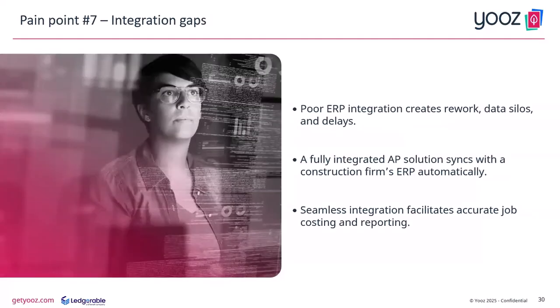And then let's talk about integration gaps. This is probably one thing that may not come to your mind. Disjointed AP and ERP systems can create rework. We want to minimize your efforts, not add to them. You want a solution that offers those pre-built connectors for Intacct.